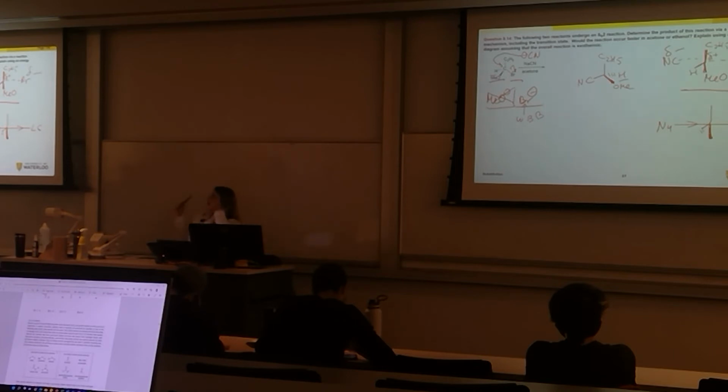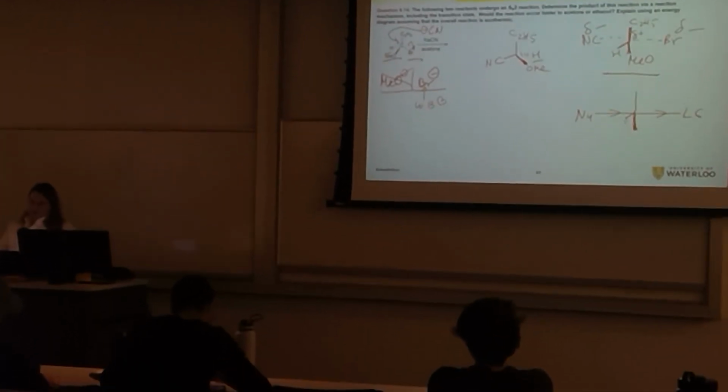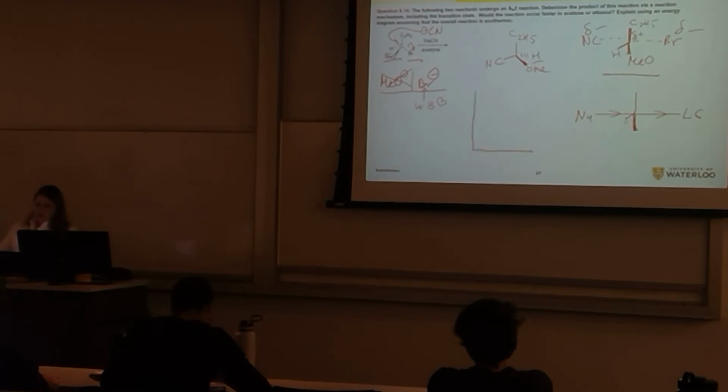Also something I forgot to mention when talking about solvents and doing that recap about protic versus aprotic solvent effect on the reaction diagram and activation energy. This question has acetone versus ethanol, so it's nice to mention that effect. Ethanol is protic, this one is aprotic. What will happen in a protic solvent?